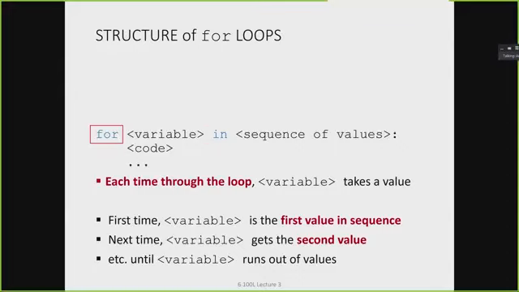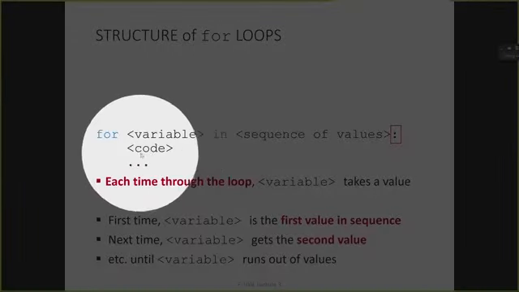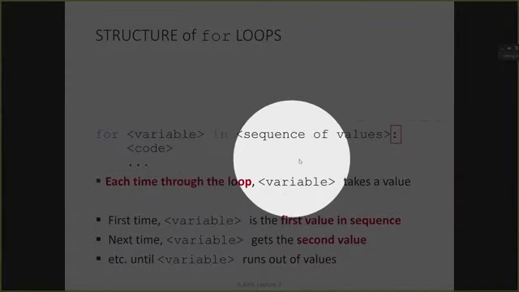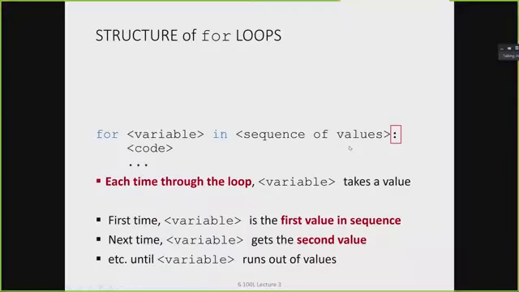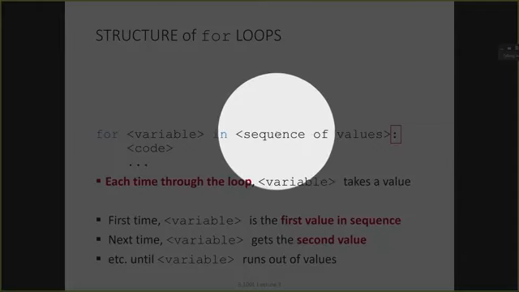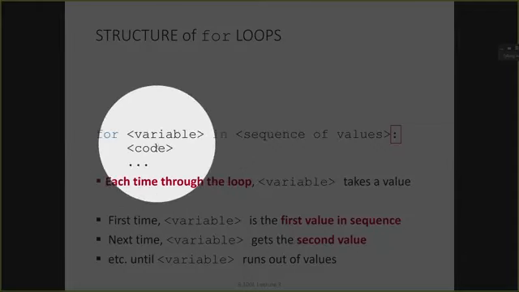And again, we have a colon that tells Python we're going to start a code indentation here. And whatever lines of code you have that are indented are going to be executed however many values you have in the sequence. So the first time through the loop, Python will make this variable name take on the first value in the sequence. And then it's going to execute this code.